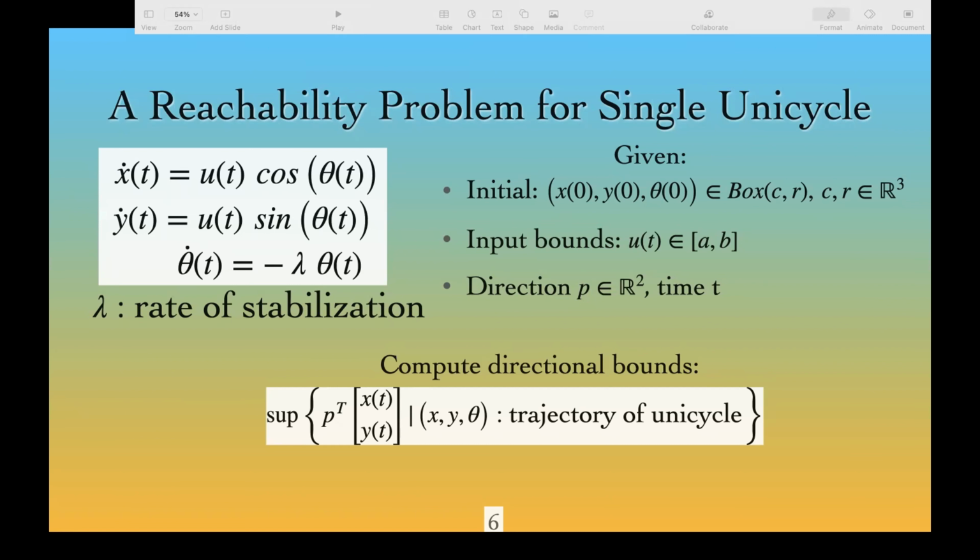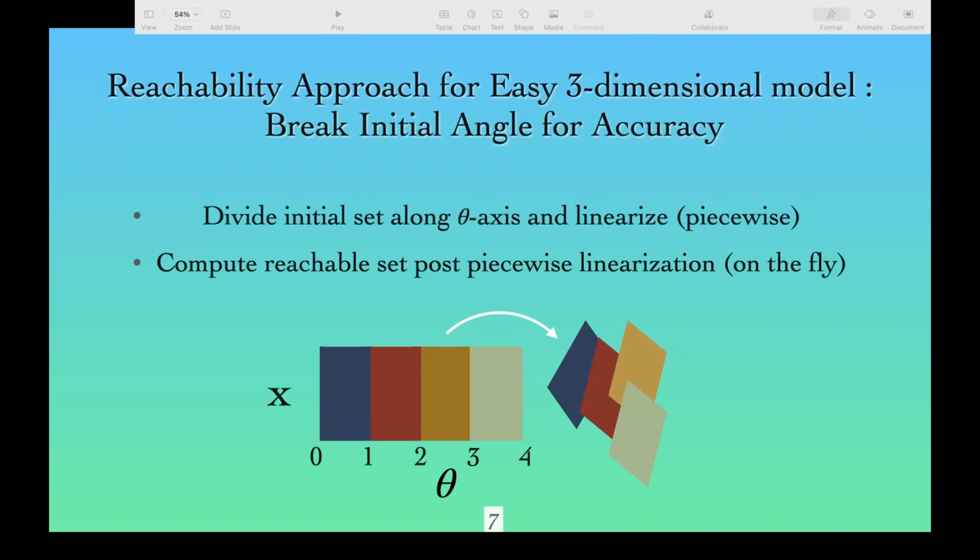So this kind of a reachability analysis problem for the single unicycle can be solved very efficiently by breaking the initial set. Because the nonlinearity arises due to the angle theta, we can break the initial set along the theta axis into very small subsets, and propagate each of the sets.